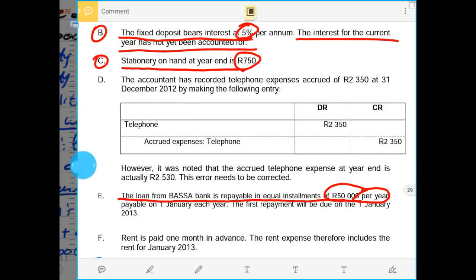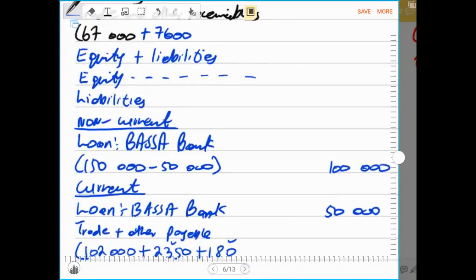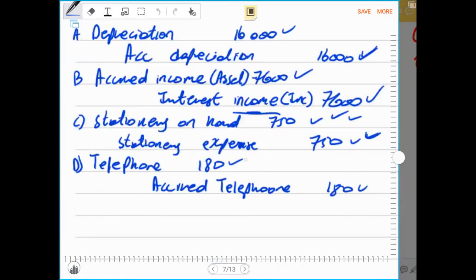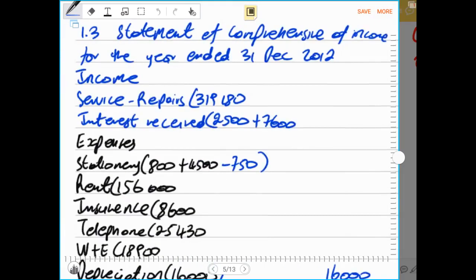Then after we record the second entry in the income statement, the 180 under our expenses, the 180 which is the one on the debit side, we record that on the debit side of the telephone, and our telephone will be plus 180 because it was underestimated by 180 rands. Then we continue again in the same note.